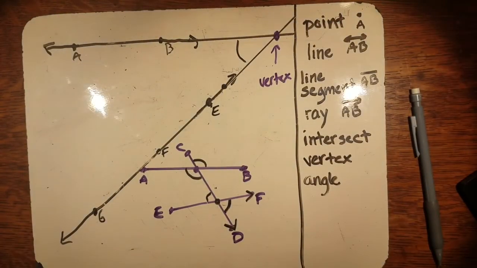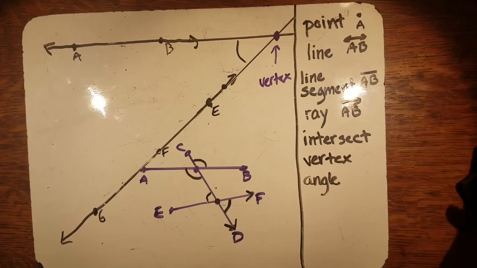So we just formed an angle. So those are all of the different types of geometry vocabulary that we're going to be using right now. We're going to be talking about all sorts of different types of lines intersecting and angles, and talking about measuring angles in our next lesson.